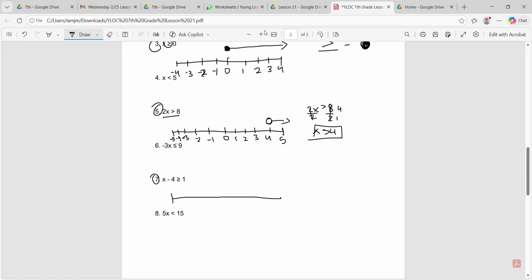Last question of part 2. X minus 4 is greater than or equal to 1. Add 4 to each side, plus 4, and we get x is greater than or equal to 5.